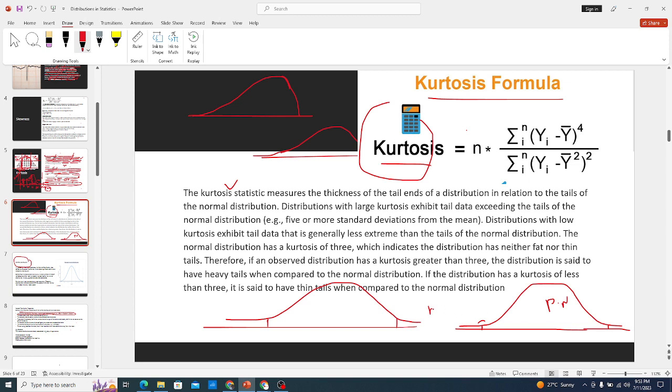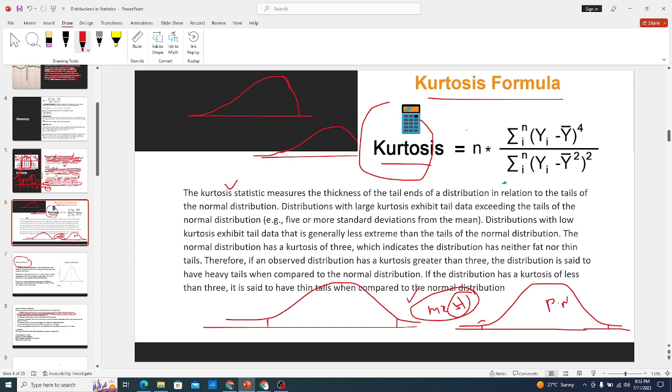What will happen to the mean and standard deviation? With this, we will control the thinness and thickness of the distribution using the mean and standard deviation.